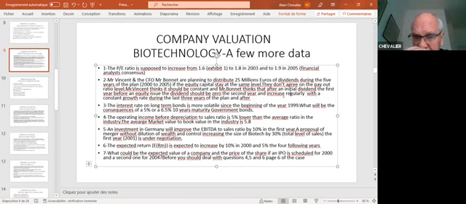Point 4, the operating income before depreciation to sales ratio, depreciation to sales ratio is 5%. Lower than the average ratio in the industry. The average market value to book value in the industry is 5.8. So what do you think about that?